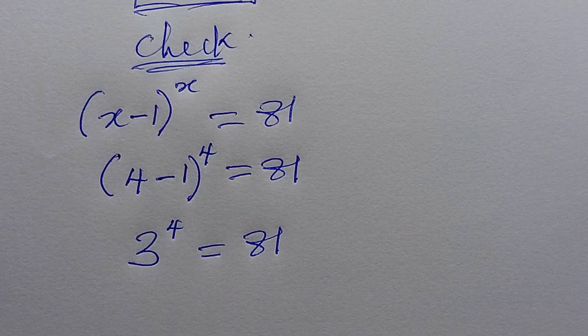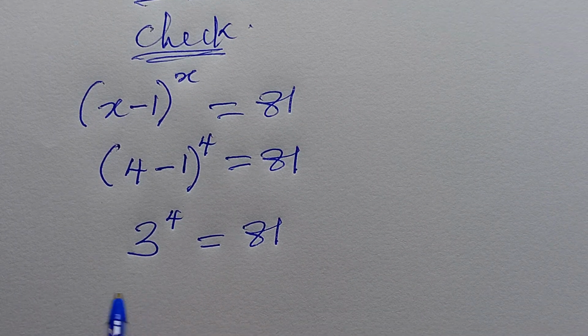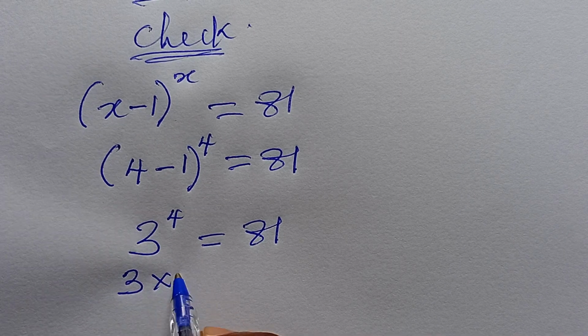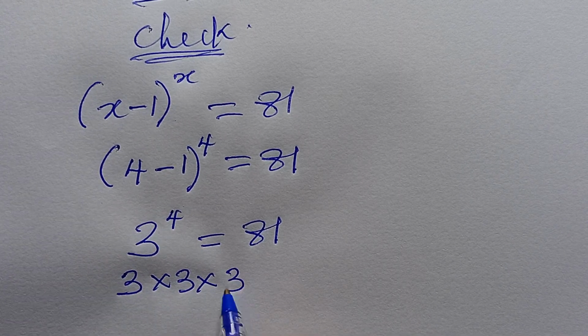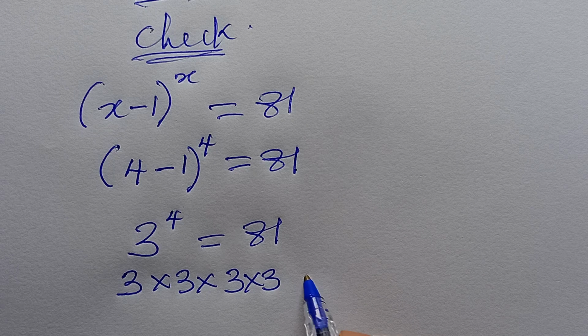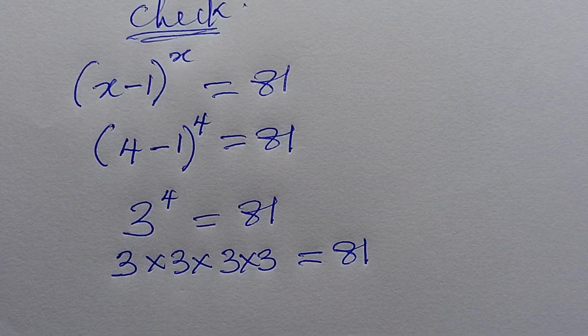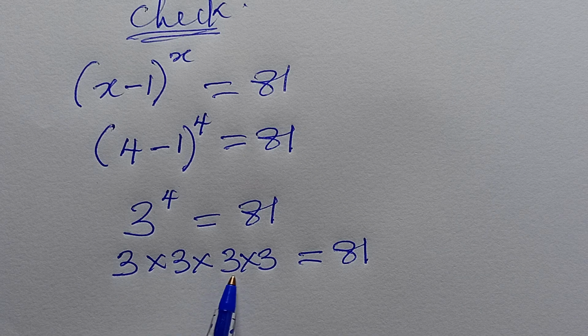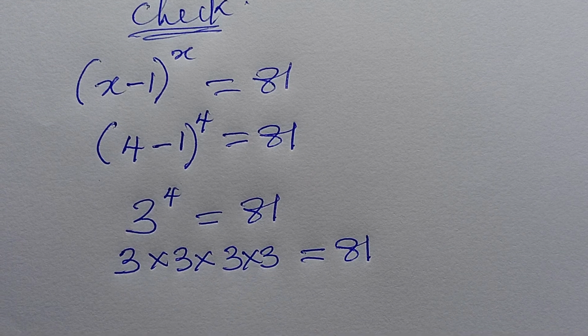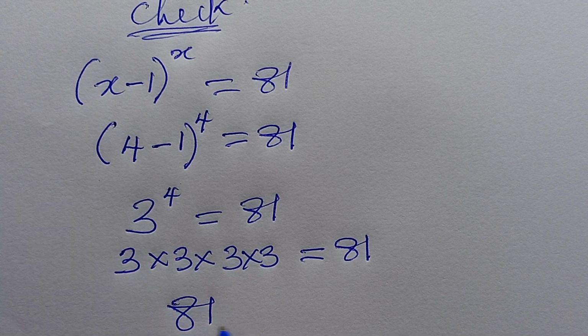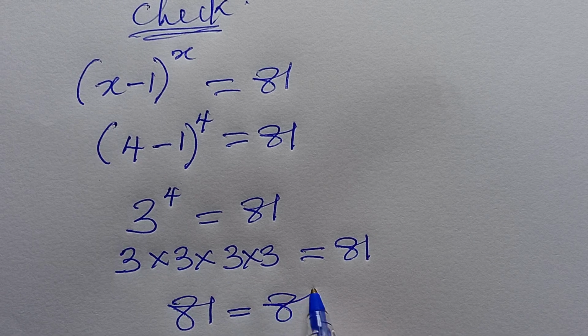And what is 3 to the power of 4? It means 3 times 3 times 3 times 3. So 3 times 3 gives us 9, times 3 gives us 27, 27 times 3 gives us 81. So we end up having 81 equal to 81.